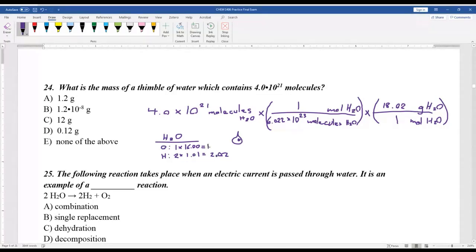If I add that to 16.00, I get a total molar mass of 18.02. And that's going to be 18.02 grams per mole. Does that make sense? Yes, thank you. No problem.